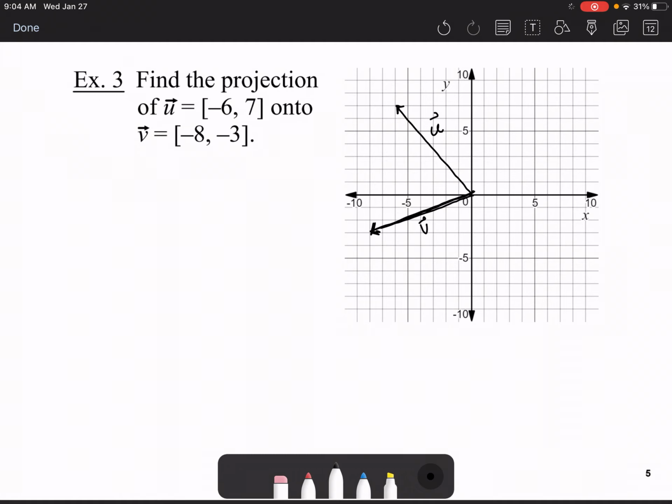There's our vector v. So again, the projection of u onto v is perpendicular to the vector v, creating a projection in that direction. So this little blue vector right here is our projection.